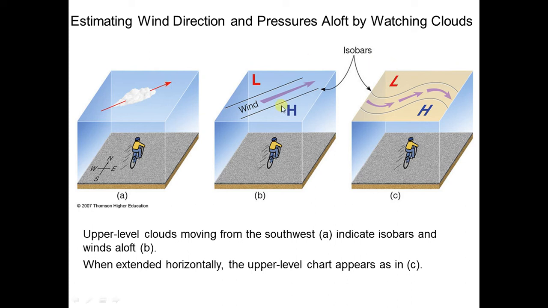And then remember what we said, that lower pressure is on the left of the direction of wind aloft, higher pressure on the right. So you know there's lower pressure toward the northwest, higher pressure toward the southeast.